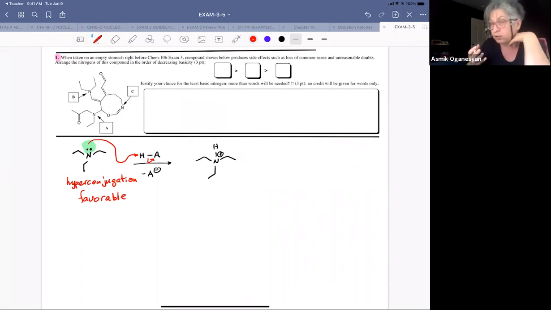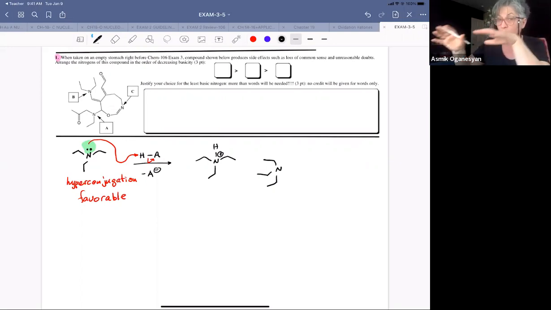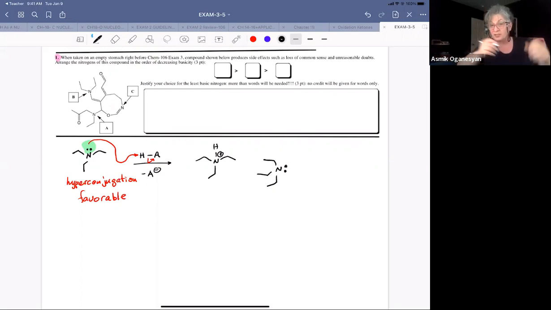So in reality, what is happening, and I'll give you a cartoon of that, when you have your free amino group, there is not too much repulsion from ethyl groups, they will turn away from the lone pair of electrons on nitrogen. So they will support the lone pair density on the nitrogen, but at the same time, keep away so they will not be causing too much steric hindrance.